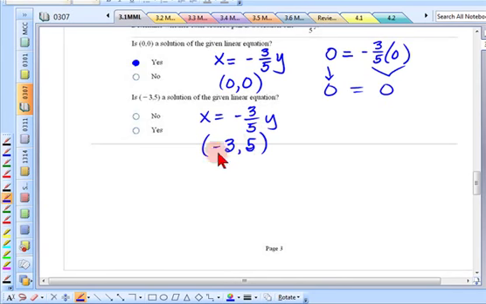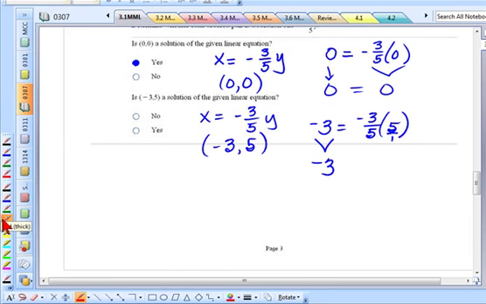Okay, putting in negative 3 for x is equal to negative 3/5 times 5. Okay, on the left-hand side, it stays negative 3. On the right-hand side, the number that's not a fraction, I can turn it into a fraction by putting it over 1.